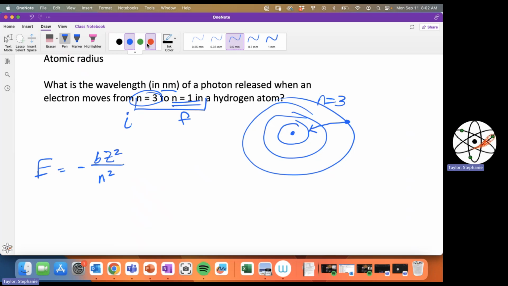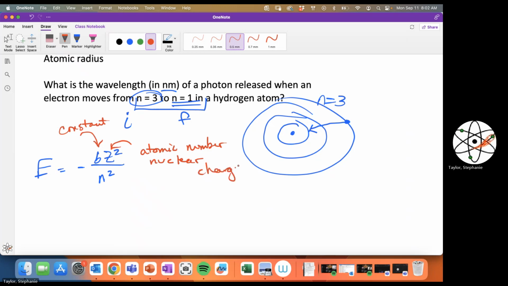In here, b is a constant. We're going to go back to that potentially useful information page to grab that later. Z is my atomic number; really, this is technically my nuclear charge. n is my energy level. But you might be saying, we have two energy levels, but we only have one energy.